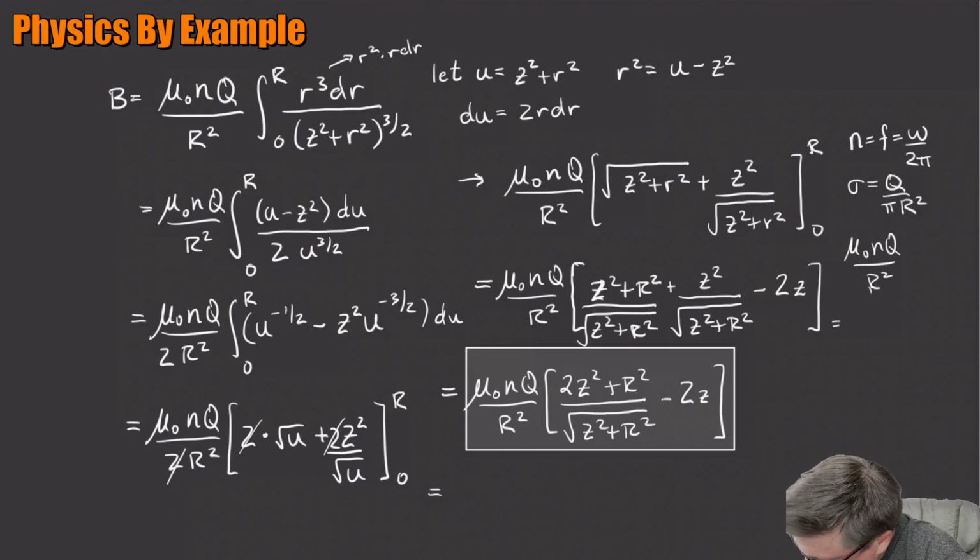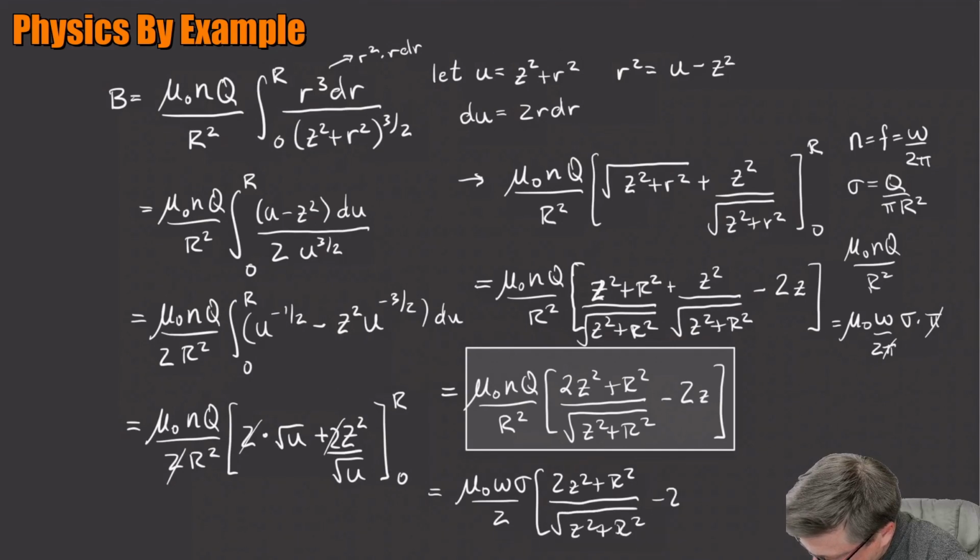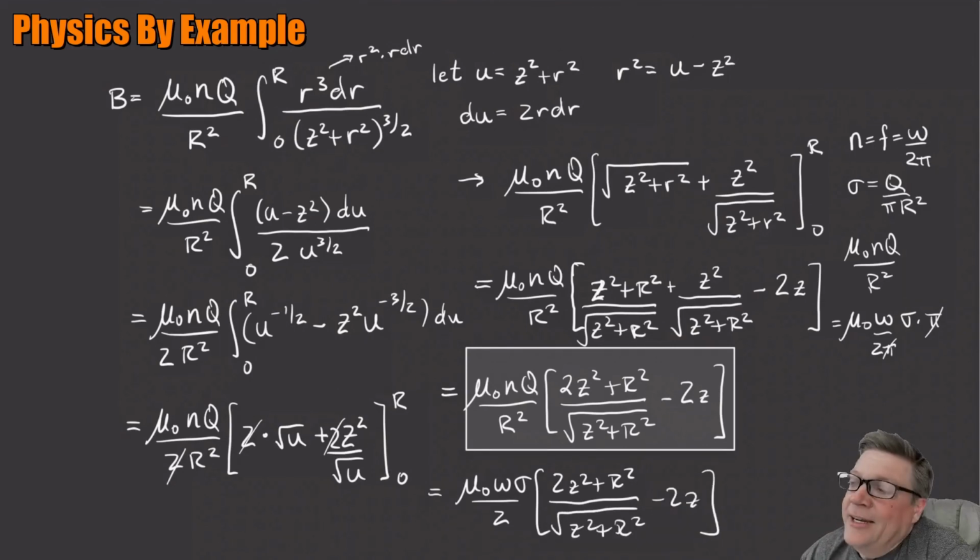This is going to be mu naught, n is omega over 2 pi, and then q over r squared is sigma times pi. So another way to write it, we could call this mu naught omega sigma over 2 times this business, 2z squared plus r squared over z squared plus r squared minus 2z.